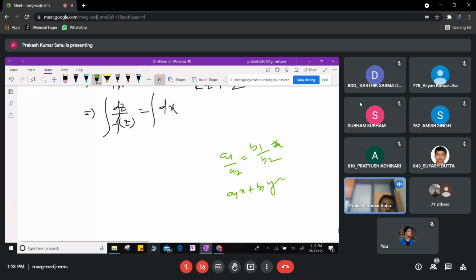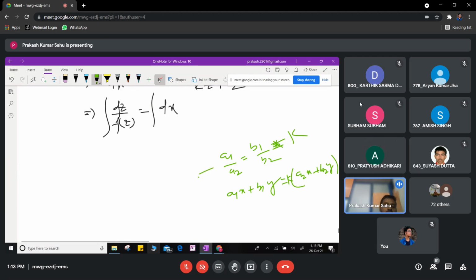Okay, this is some constant multiplication of a2x plus b2y, some k into a2x plus b2y, because this ratio is the same. Suppose this is k. So obviously a1x plus b1y is some constant multiple of a2x plus b2y.